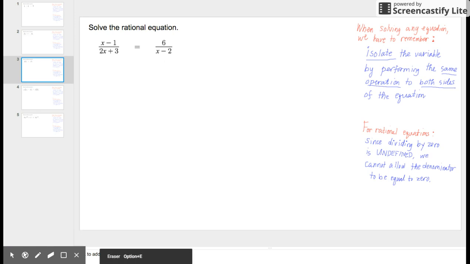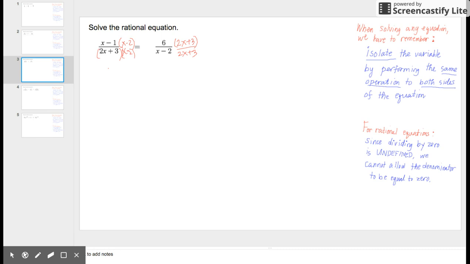So we just need to make them have a common denominator. We will multiply this by x minus 2 over x minus 2, and the other side will be multiplied by 2x plus 3 over 2x plus 3.